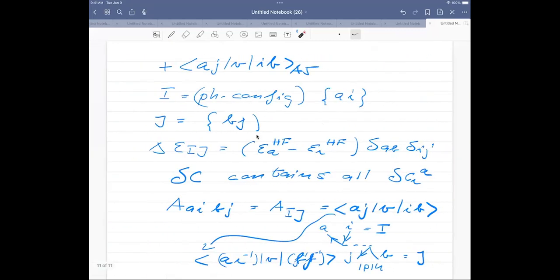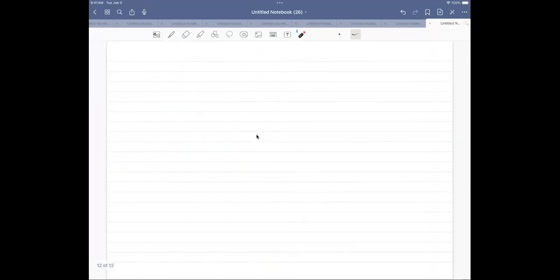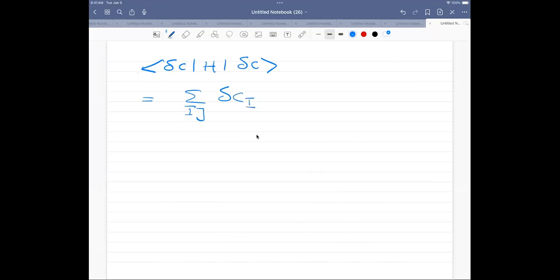Because if you rewrite it in terms of these indices, which we introduced, then we can rewrite that last term, that specific sum for delta C of H of delta C, as a sum over I and J. Then we're going to have a coefficient Ci, which is actually this AI state, this one-particle, one-hole state, and then I have a delta Cj.